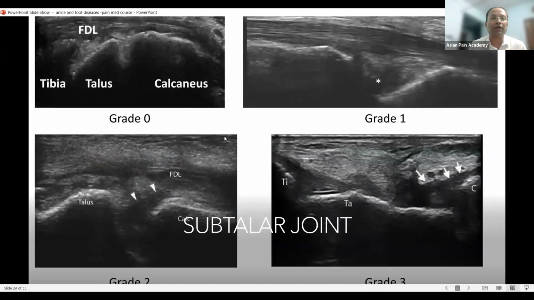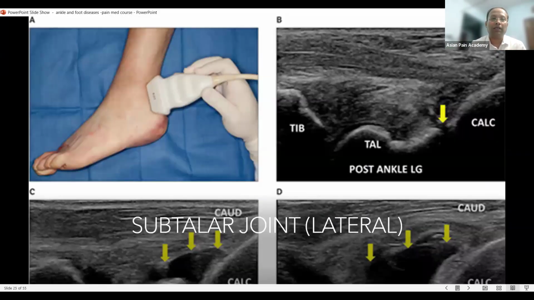Same thing, the subtalar joint, we can see it also. Just below the talus, what other bone is there? It is the calcaneum. So this is the subtalar joint area. Here also we will see whether effusion is there or not. Likewise, we can see this joint from the lateral side also: anterior side, medial side, and lateral side.